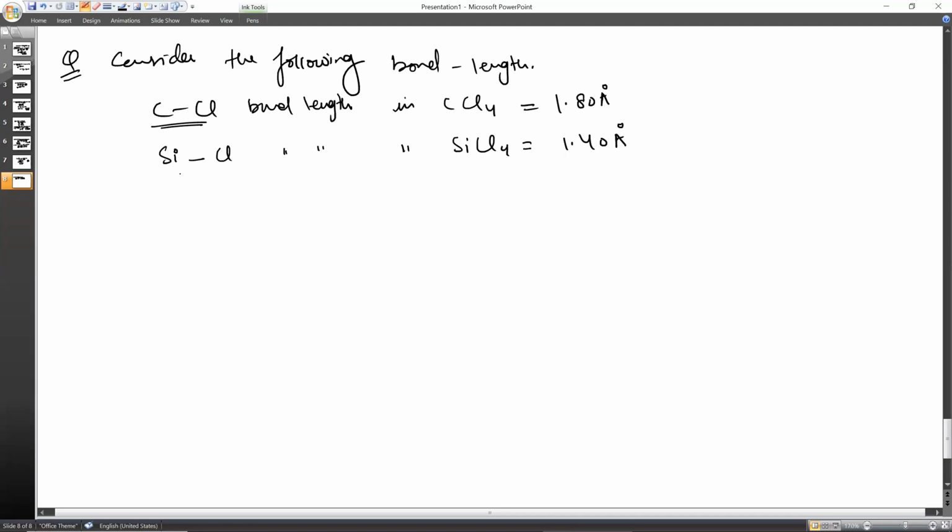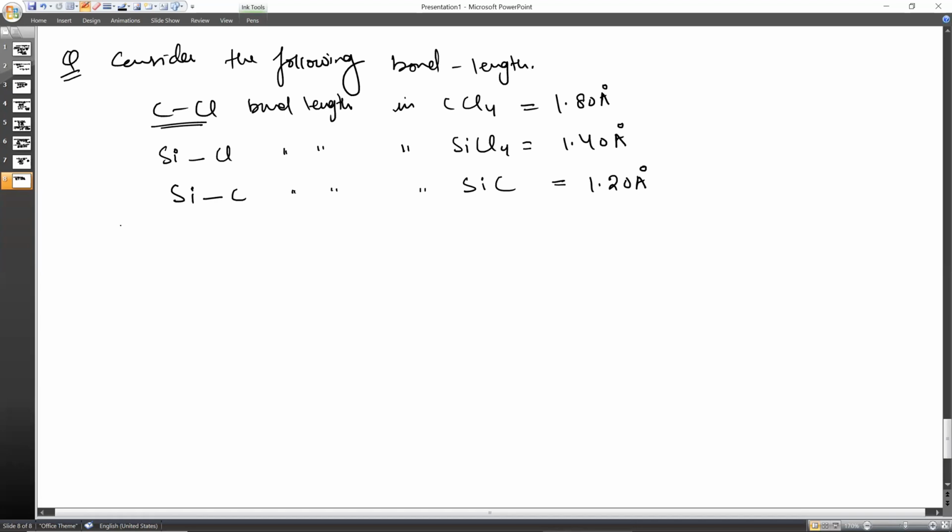Okay, and carbon and silicon, the bond length in SiC is 1.20 angstrom. There are three cases given. One is carbon and chlorine, the bond length is this one, silicon and chlorine is this one, and silicon and carbon is this one. Got it?